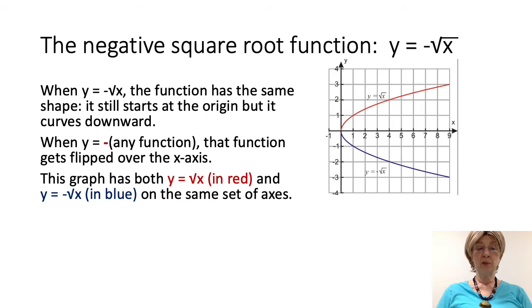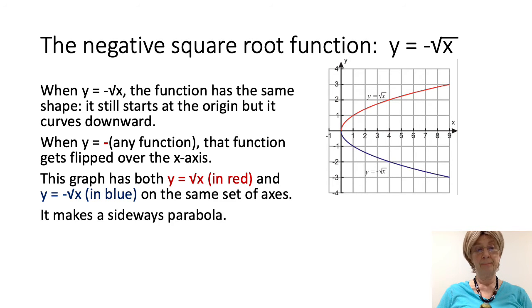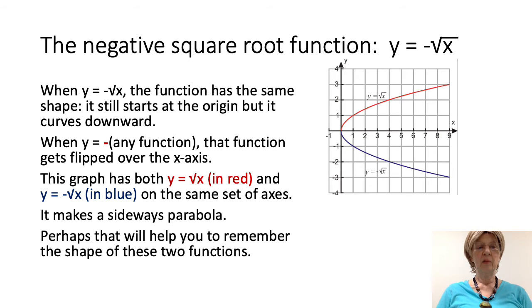This graph has both y equals the square root of x in red and y equals minus the square root of x in blue on the same set of axes. It makes a sideways parabola. Perhaps that will help you to remember the shape of these two functions.